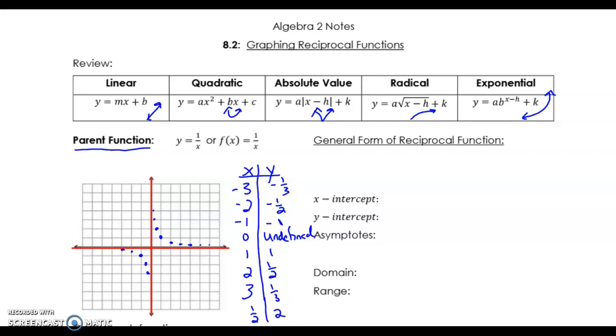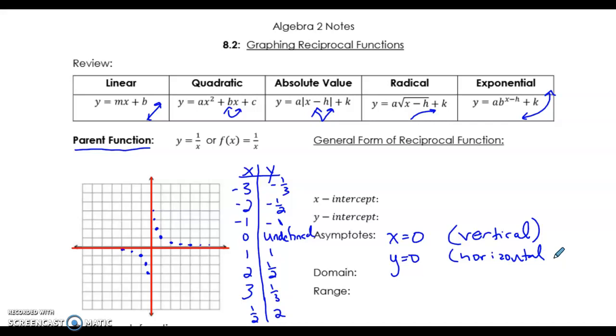So when it says, what are your asymptotes? We have one at x equals 0. That's the vertical asymptote, because the x value is always 0. We're never going left or right. We're always going 0. And then y equals 0, that's the horizontal asymptote.